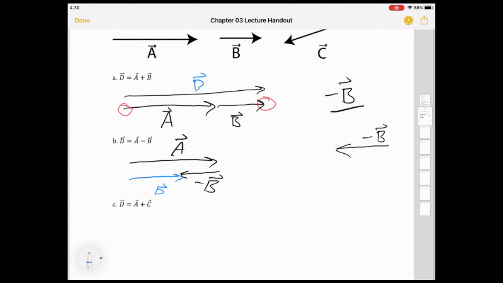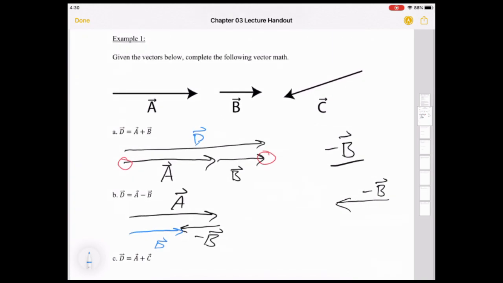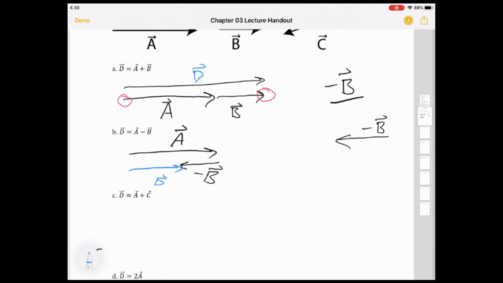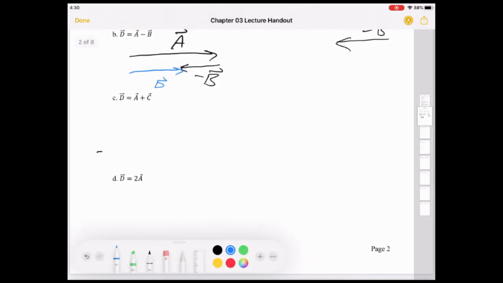Great. Let's look at A plus C. Well, C is now this off-axis vector, right? It's not pointing along the same direction as A and B. So now our addition is going to be a little more non-standard, but it's still tip-to-tail addition. We can still do that.